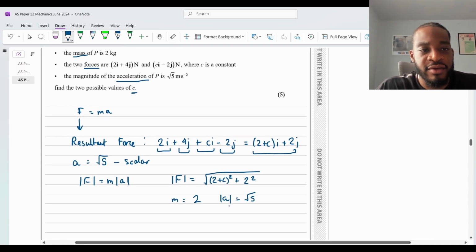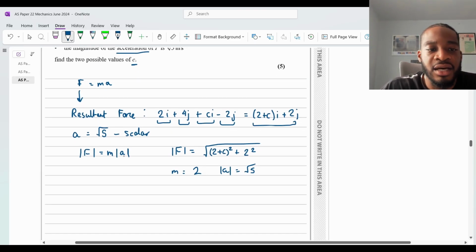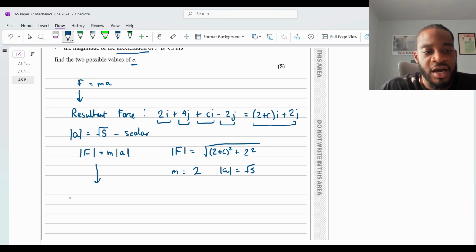So this becomes the square root of (2 + c) all squared plus 2 squared, and this equals the mass, which is 2, times the acceleration, which is root 5.